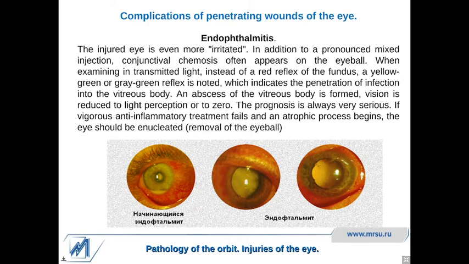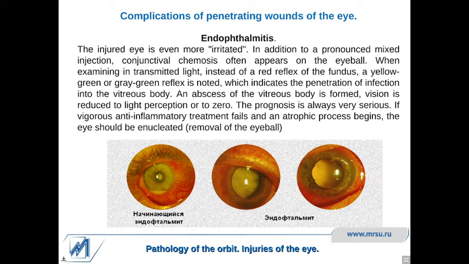The next complication is endophthalmitis. The injured eye is even more irritated than in the case of iridocyclitis. In addition to a pronounced mixed injection, conjunctival chemosis often appears on the eyeball.